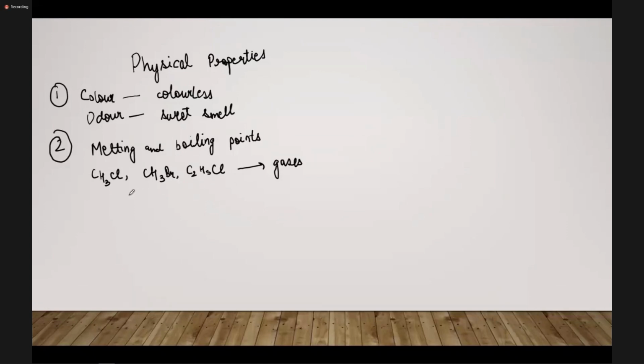When we compare these with the parent hydrocarbon, for example methyl chloride, its parent hydrocarbon is methane, that is CH4, because it is made from CH4. If we are talking about C2H5Cl, its parent hydrocarbon will be ethane, that is C2H6.